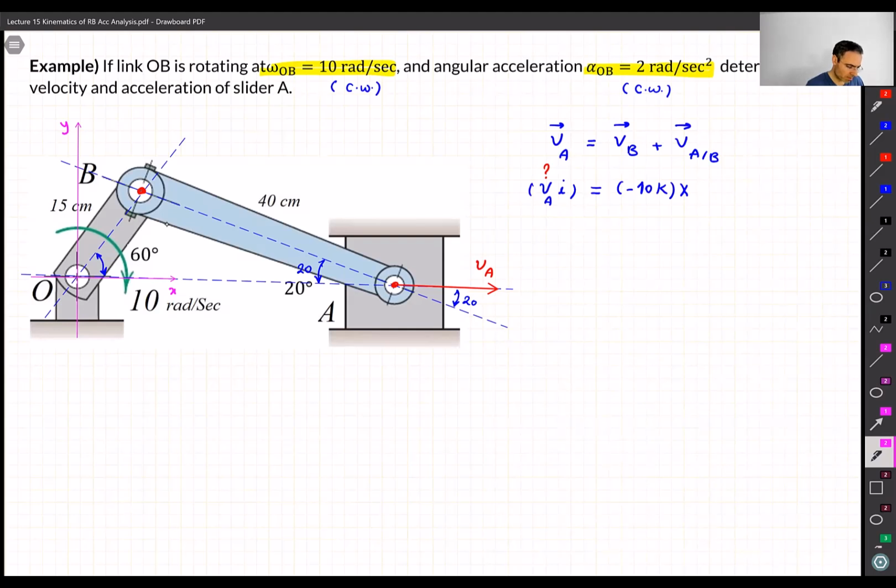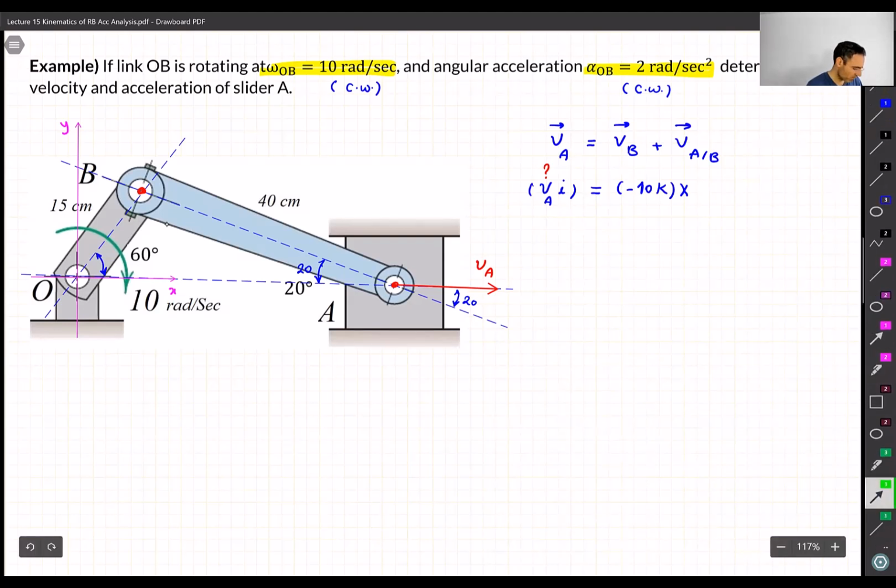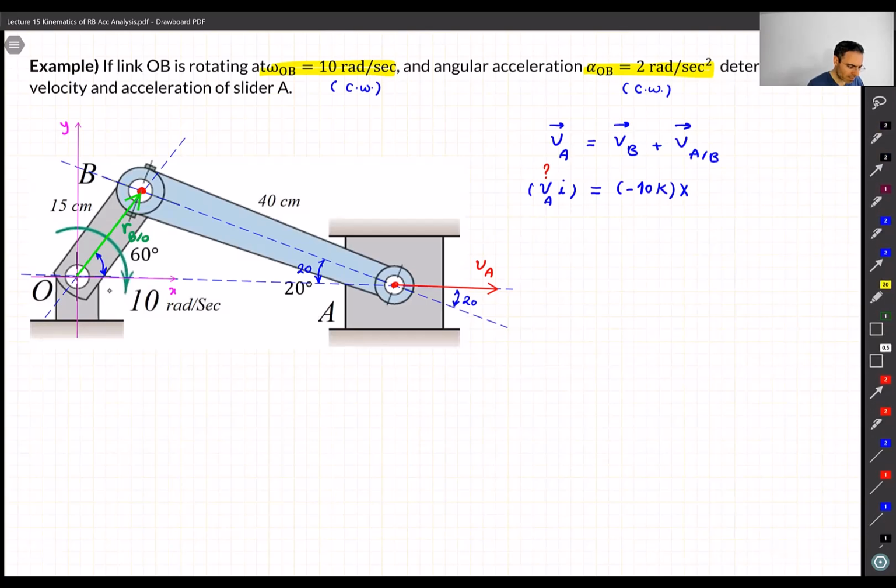So let's draw that R by these green things. So therefore, this is R B with respect to O, right? Or just simply the coordinate for this point B, the vector R from point B. So using this angle, I can see this is 60 degrees. I can break it down to X and Y. That's easy, right?